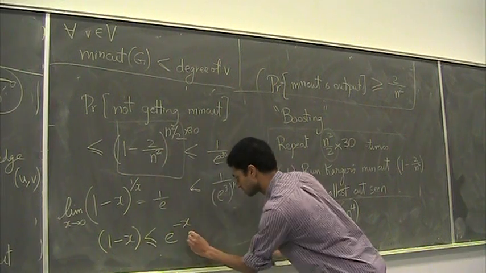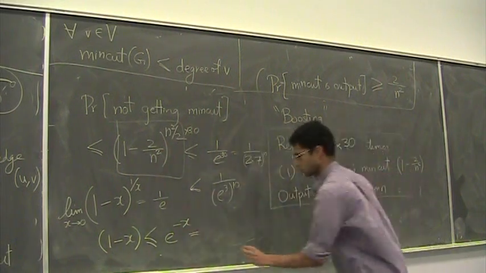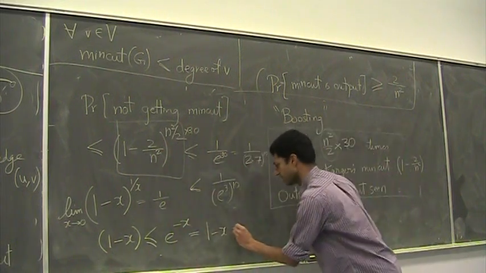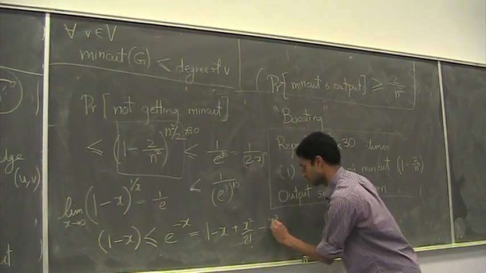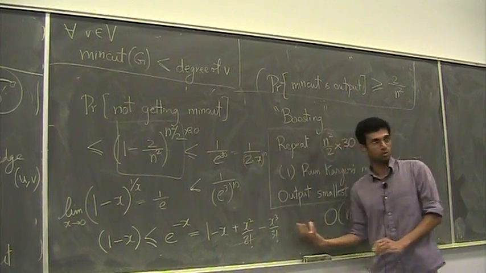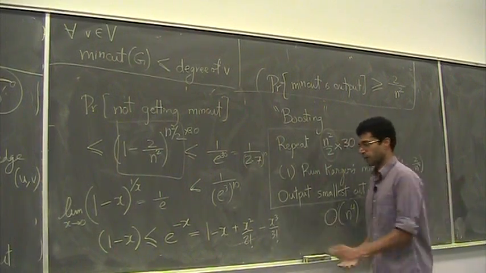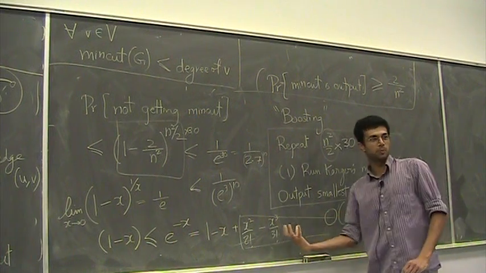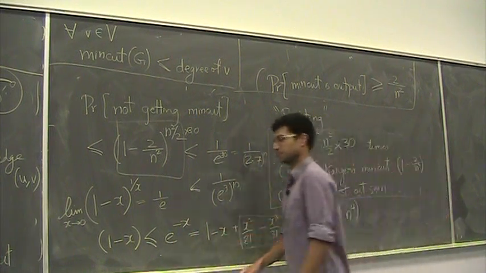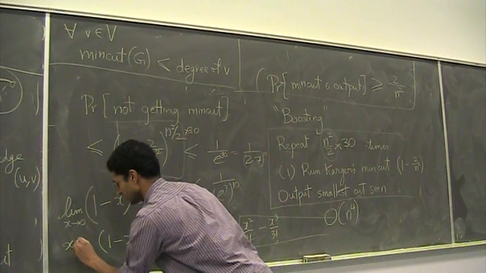Right, so 1 minus, so this is what? 1 minus x plus x squared divided by 2 factorial minus x cubed divided by 3 factorial, and so on and so forth. So the point is that this part is going to be positive, well, I should say, x is less than 1, right?